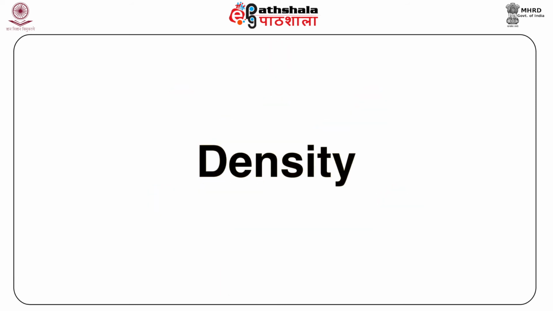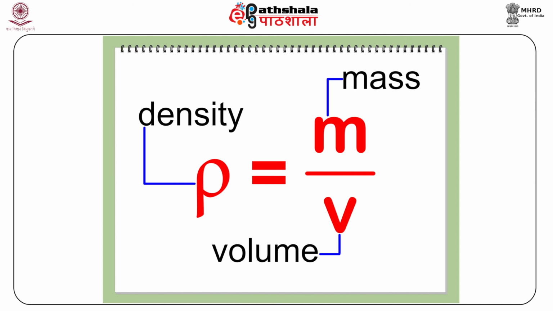Next is density. Density is a derived unit because density is mass per unit volume, or in other words, a unit of density is defined as a unit of mass divided by a unit of volume. In turn, a unit of volume is a third degree of a unit of length.